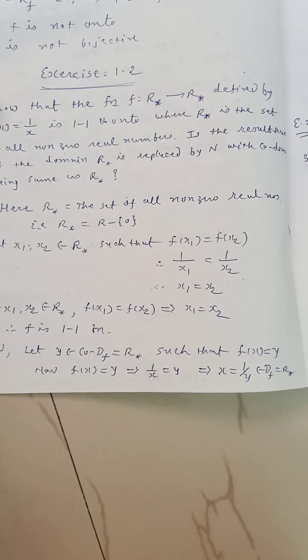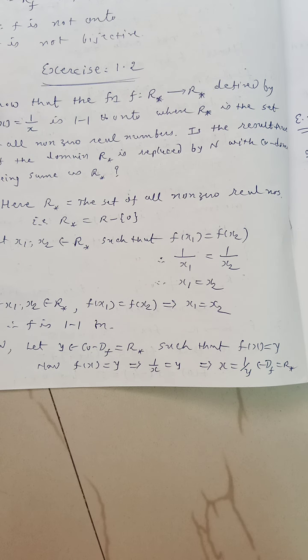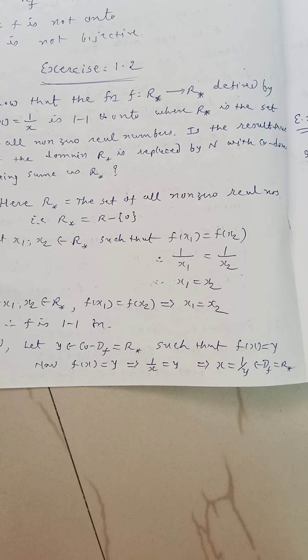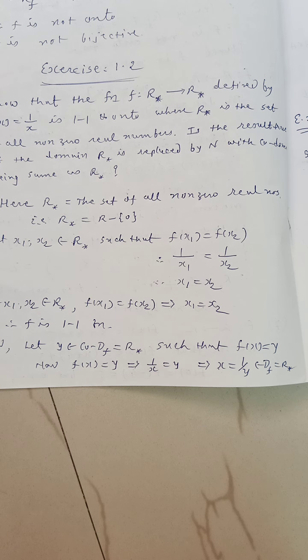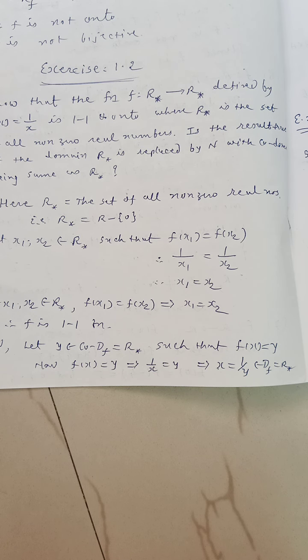Now we go for onto function. Remember one thing: when the function's domain set is N or Z, then to verify whether it is onto or not, we check range f equal to codomain f. In some previous examples we have done like this.